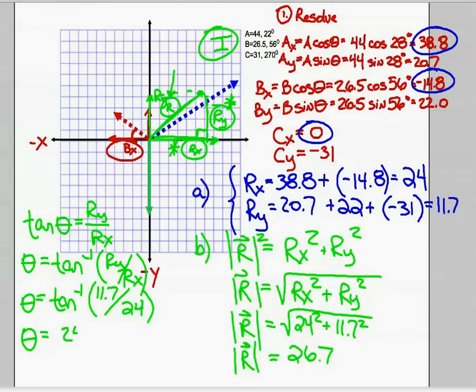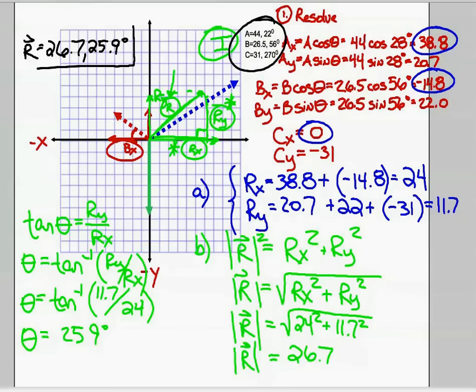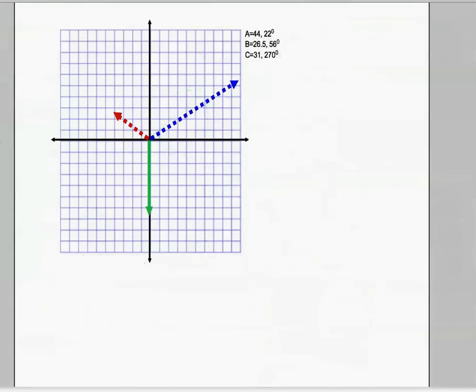Since I'm dealing with 25.9 degrees, I'm going to leave that with 3 sig figs because all of my initial units were given to me with 3 sig figs. If you look up here, my initial data, I did truncate that to 2 sig figs, but the book does give it to you with 3 sig figs. So the final answer is my resultant is 26.7 units, comma, 25.9 degrees. And there we go for problem number 10.